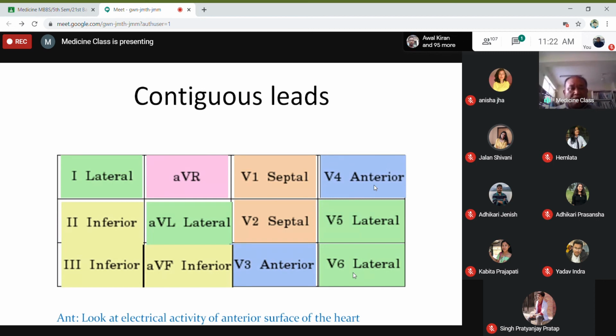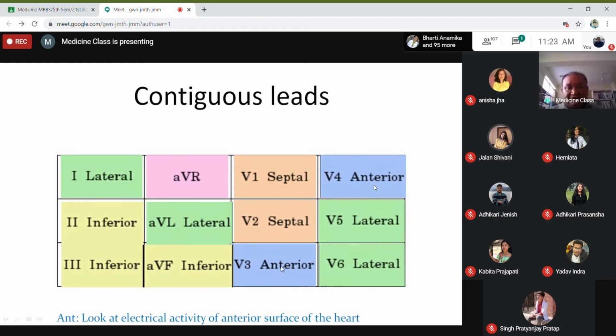Now why this is important is that if you have changes of myocardial infarction in the ECG, and these changes are found in V3, V4, V5, V6, AVL, and 1, then we can diagnose that case as an anterolateral MI, because the changes are in anterior and lateral leads.